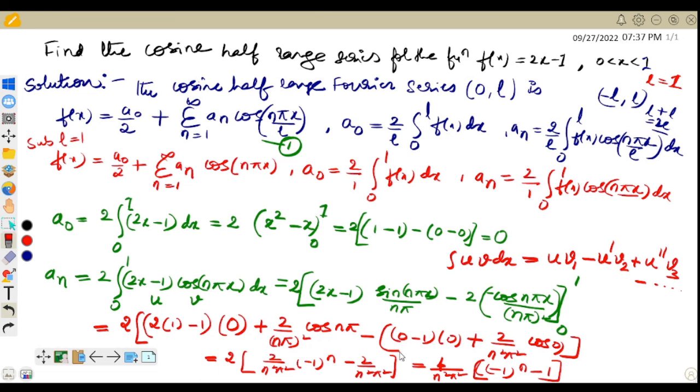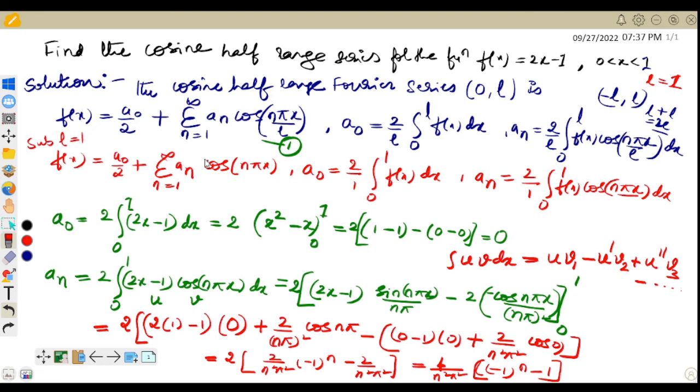What is the value of a n? 4 by n square pi square into minus 1 whole raised to n minus 1.